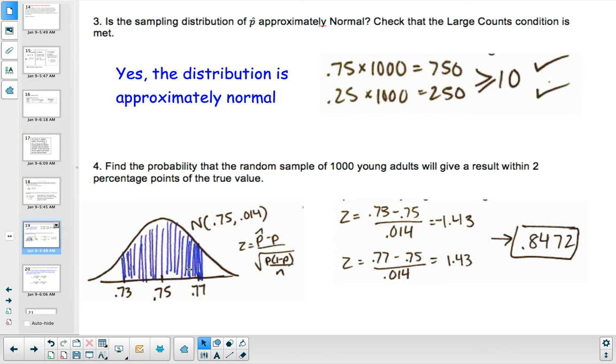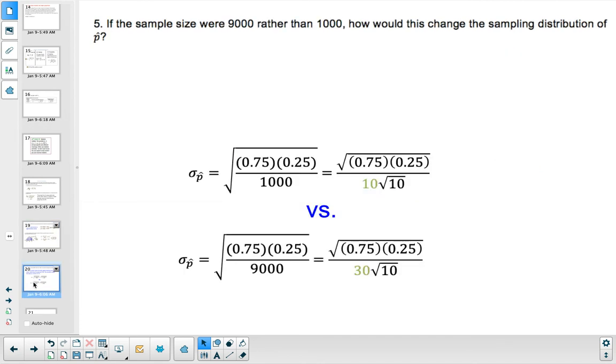Instead of each dot coming from a proportion from 1,000, it's coming from a proportion of 9,000. So the more people in your sample, the closer your proportion is going to be to 0.75. Your variability is just going to decrease when you increase your sample size.